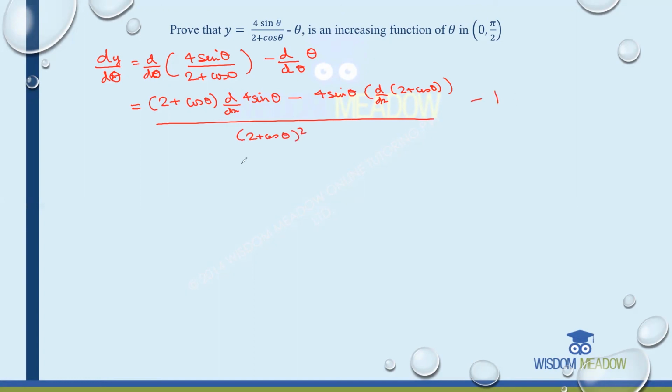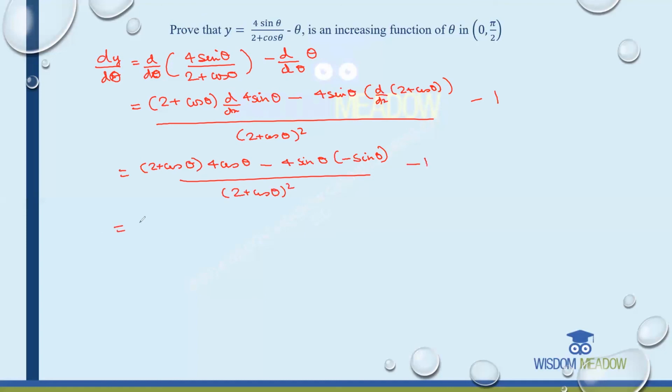Derivative of theta is 1. So now 2 plus cos theta into derivative of 4 sine theta is 4 cos theta, minus 4 sine theta into derivative of 2 plus cos theta is minus sine theta, over 2 plus cos theta, the whole square, minus 1.